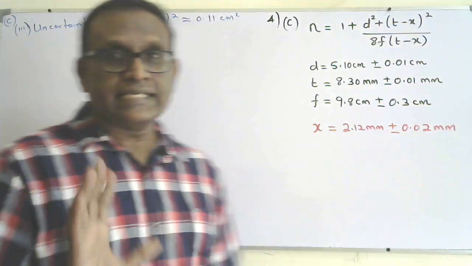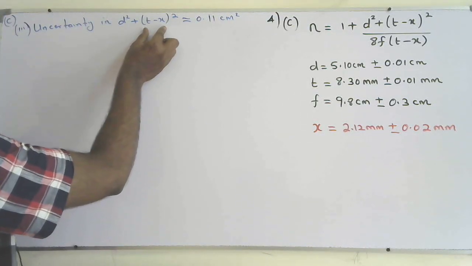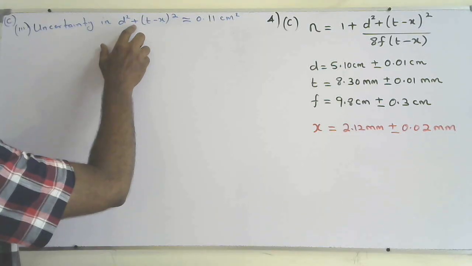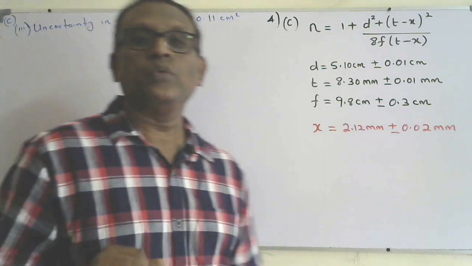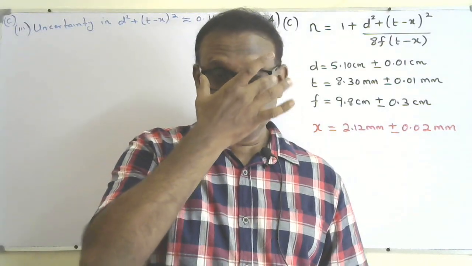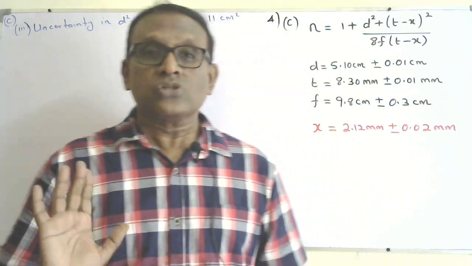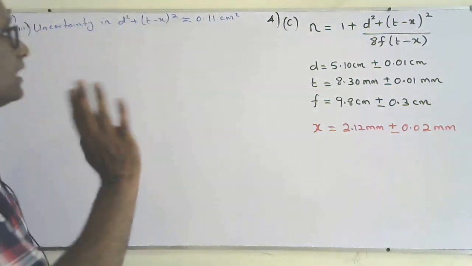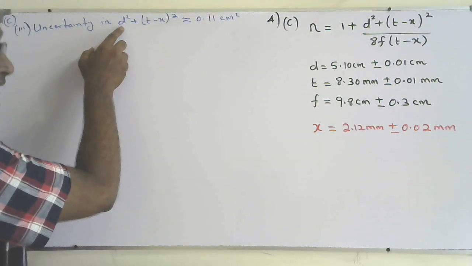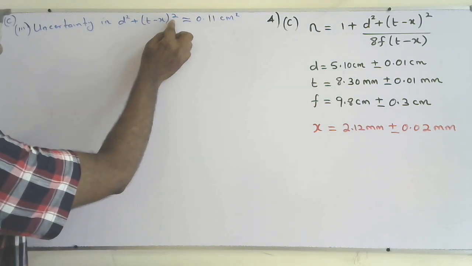Okay, so here you can see that d squared is added with (t minus x) all squared, so there's a plus sign. We know that when quantities are added, uncertainty will be added. So there are two methods we can do this. First method: I'm going to find the uncertainty in d squared, then the uncertainty in (t minus x) all squared.